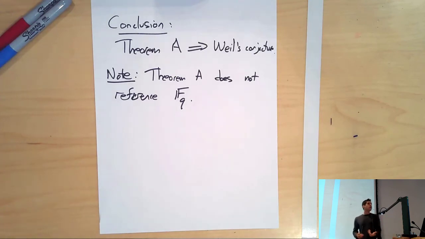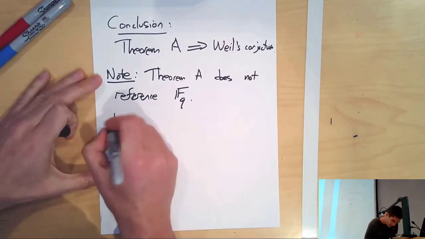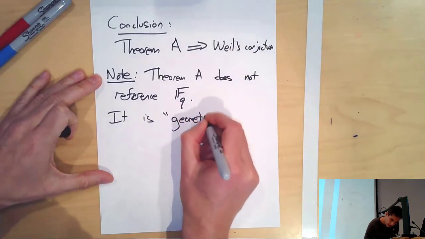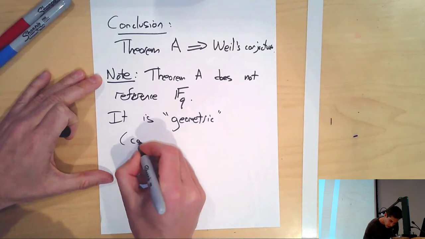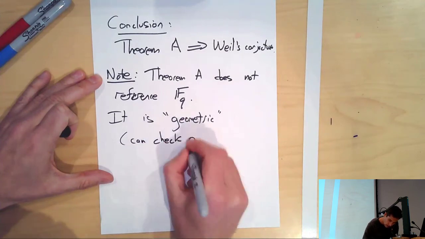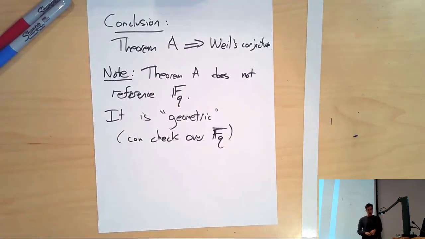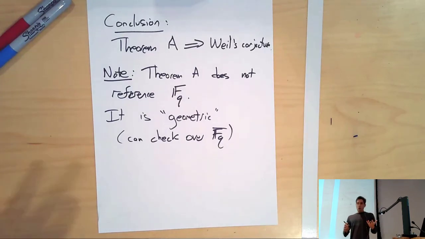And if you want to prove it, it doesn't matter what the field is. You're free to enlarge the field if you want to. So it is geometric in the sense that you can check it by replacing F_q by its algebraic closure. So it's a statement about algebraic curves over an algebraically closed field, and moreover, over the complex numbers, it reduces to something familiar.